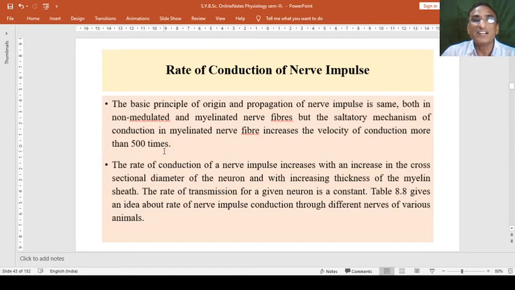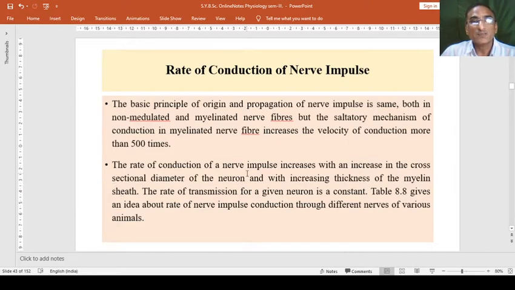It shows maximum high speed, more than 499 times the normal. This rate of conduction of nerve impulse facilitates the action potential or passage of the signal.